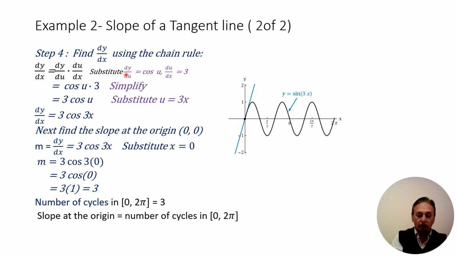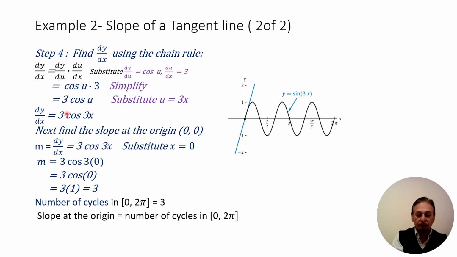Okay, now step 4. After finding dy over du and du over dx, we are ready to find dy over dx. Now we write the chain rule: dy over dx equals dy over du times du over dx. Now we substitute: dy over du was cosine of u and du over dx was 3.